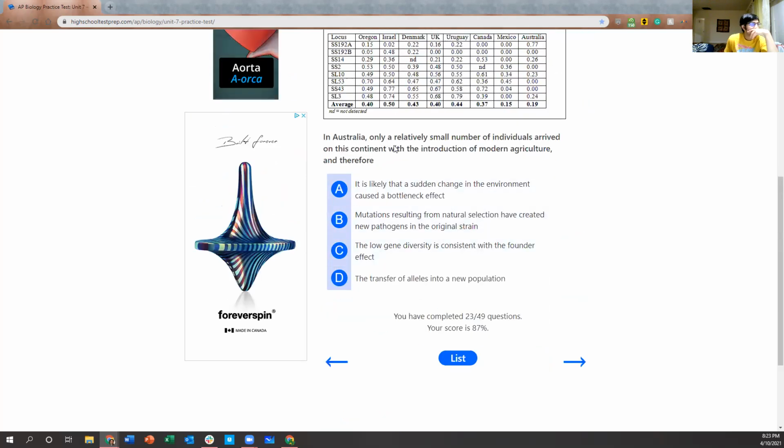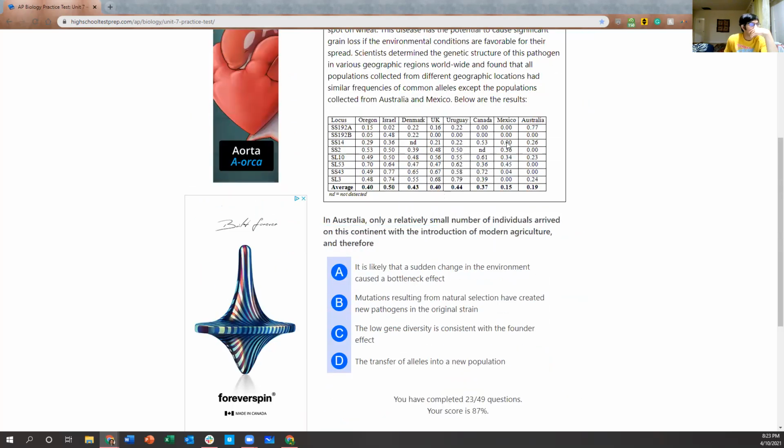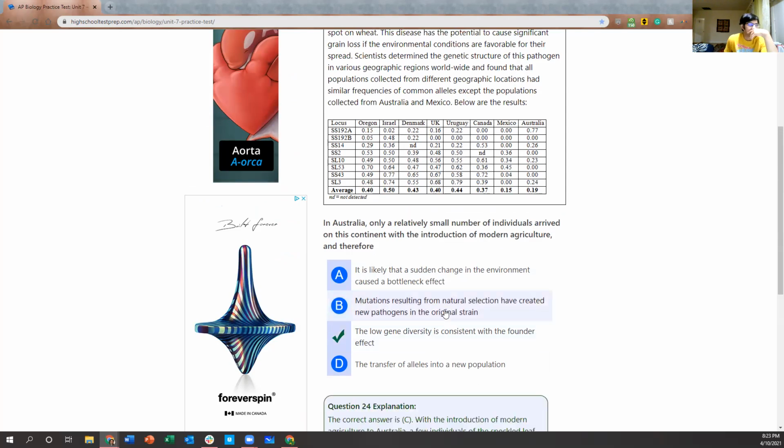Okay, in Australia, only a relatively small number of individuals arrived on this continent with the introduction of modern agriculture, and therefore, a small number of individuals arriving, so that's founder effect, genetic drift, low gene diversity. So I would probably choose C, low gene diversity consistent with founder effect. Yep.